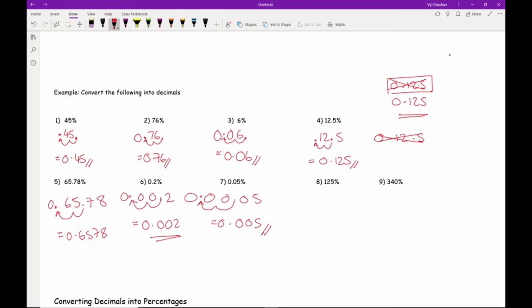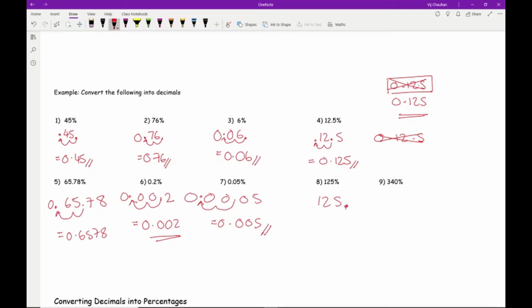Now the problem with that is with 125%, which is possible, it just means you're getting more than double. With 125 you might think, oh, it's just going to be 0.0125. But actually that's really wrong, because you need to remember the general method is moving the decimal point. So here we've got 125. Where's the decimal point?